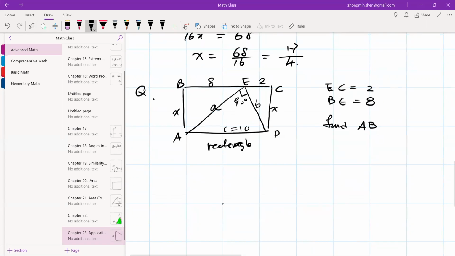Write down 3 equations using the Pythagorean theorem. Then you try to solve for X, and eliminate some variables, just like what I did for the last part.